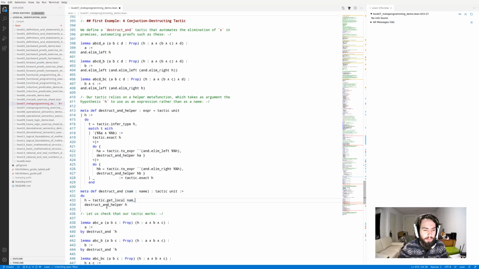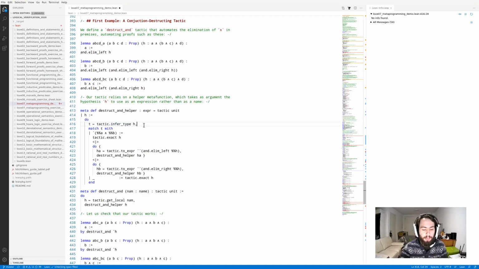And then when we have that, we're going to call destruct and helper with this expression. Okay, and now we define destruct and helper. The first thing we do here is we infer the type of a hypothesis. So this is generally how you get the type of a hypothesis, right?